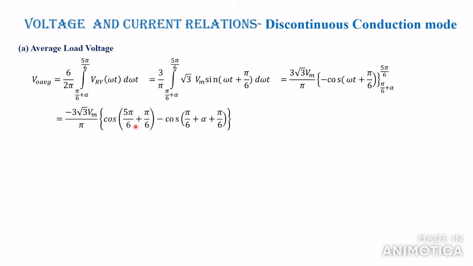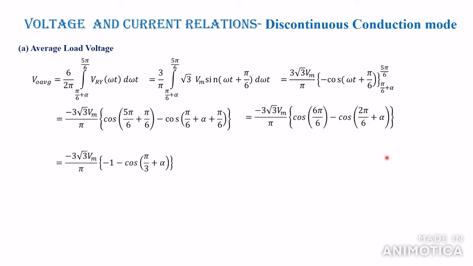Now we are substituting the upper limit and lower limit. So we will get this expression. On further simplification, this is equal to minus 3 root 3 Vm by pi into cos 6 pi by 6 minus cos 2 pi by 6 plus alpha.